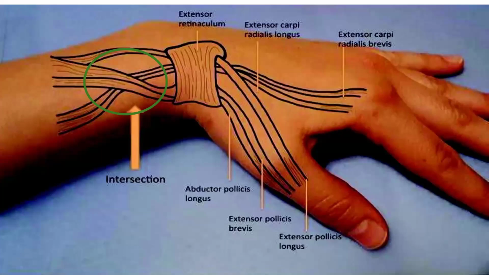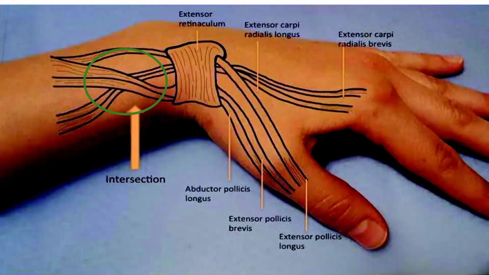This is a drawing of the hand, and you can notice that there is a cross section of tendons between the extensor indicis, the short and long extensors of the wrist, and the extensor pollicis brevis and abductor pollicis.